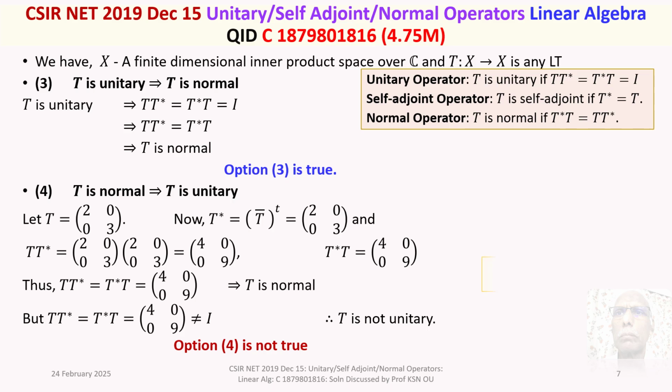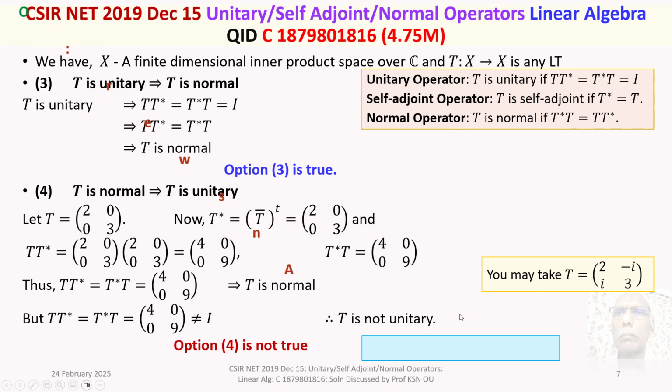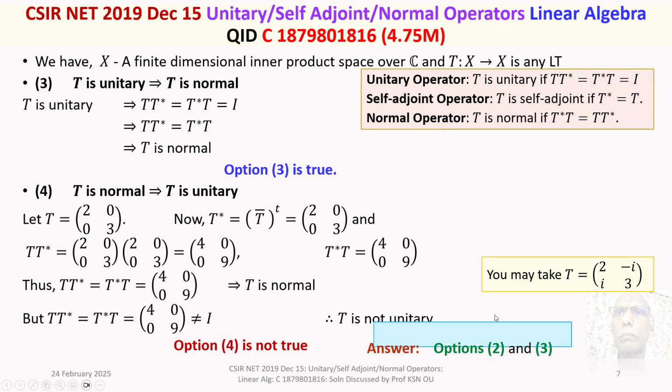Combining all the options, the answer is options 2 and 3. You may try a complex matrix also instead of this one. You do it, check. That is the detailed discussion of the solution of this problem.